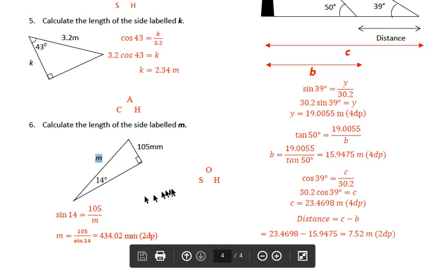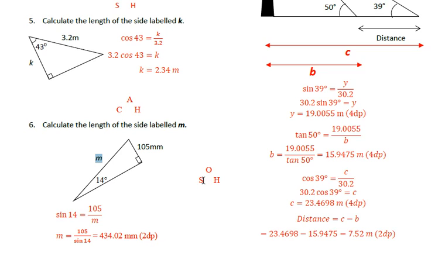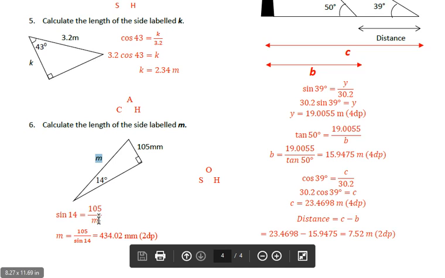So we can use sine, S is for sine, and then we've got O and then H. Okay, so sine of the angle, which is 14 degrees, and then O. Always do it in reading order again, so read across and then down. S-O-H.